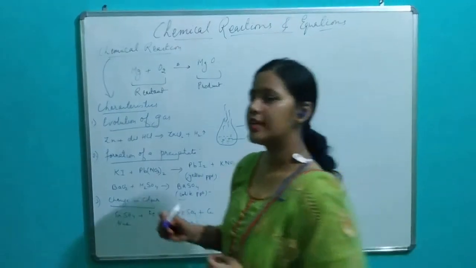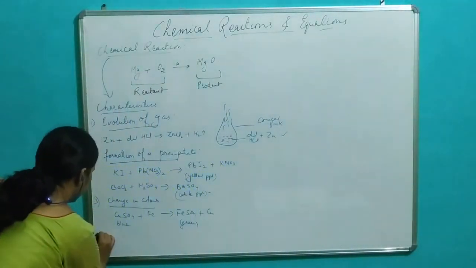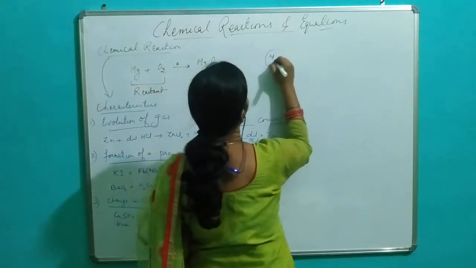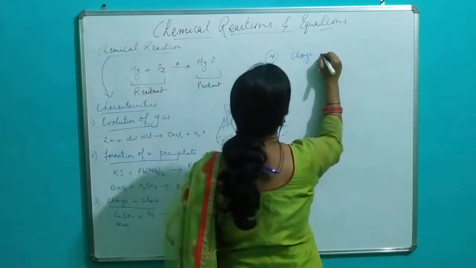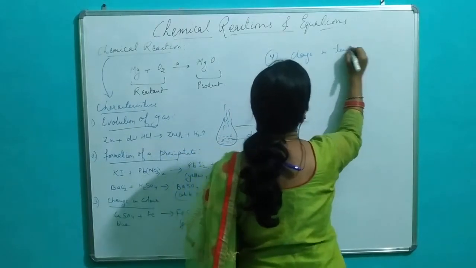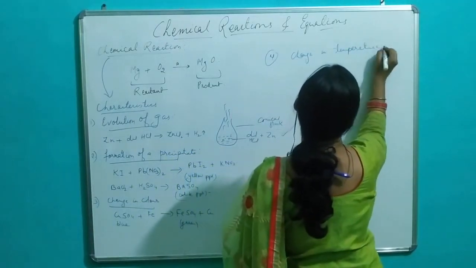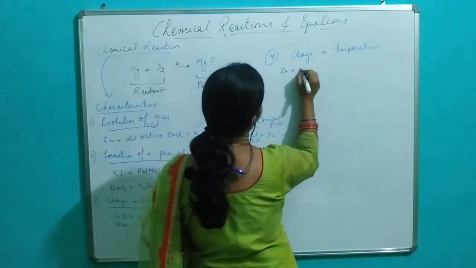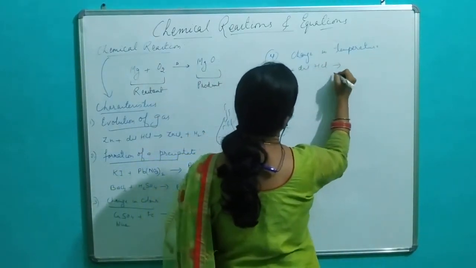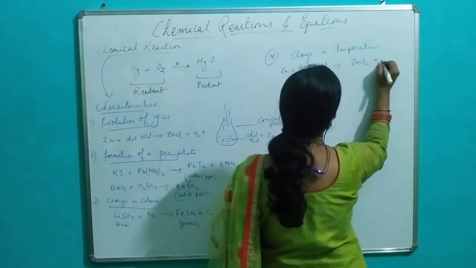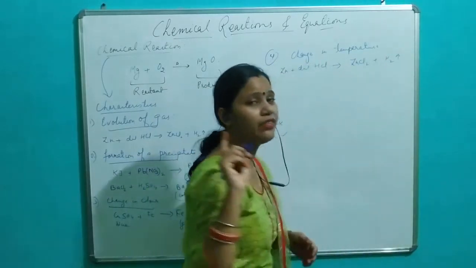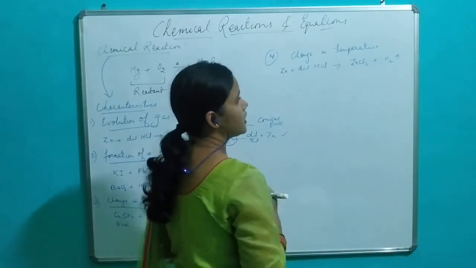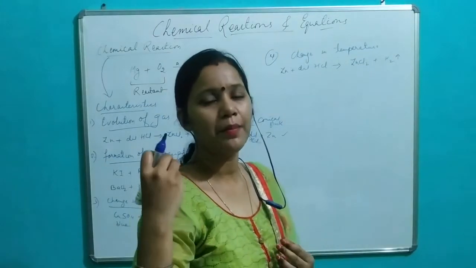Another property is the change in temperature. When you add zinc granules to dilute HCl, ZnCl2 is formed along with the evolution of gas, and when you touch the test tube, you will observe that it becomes warm.